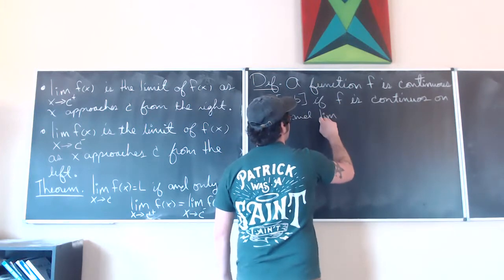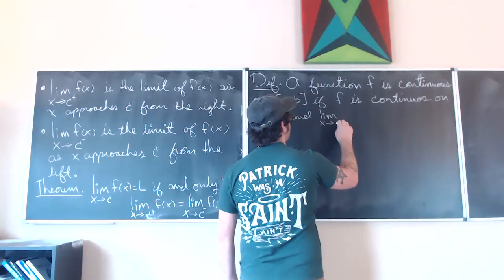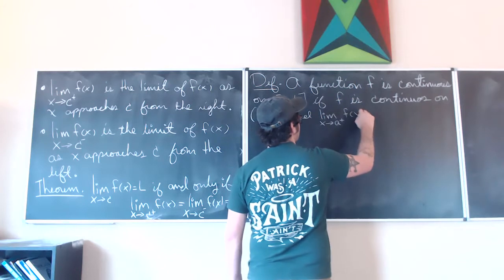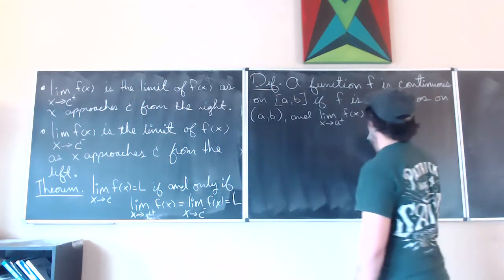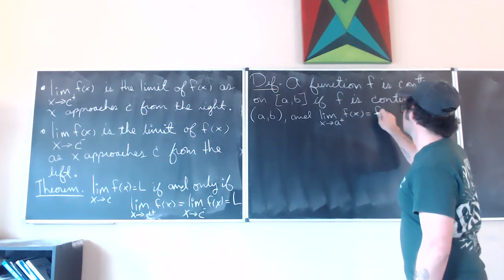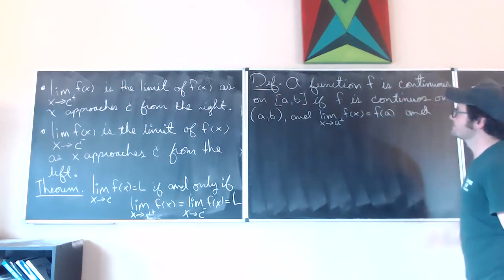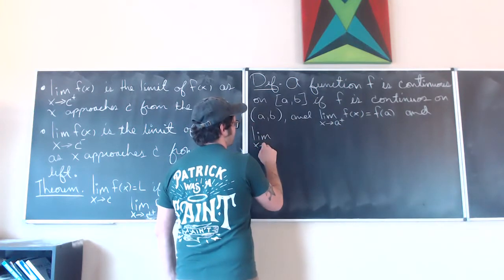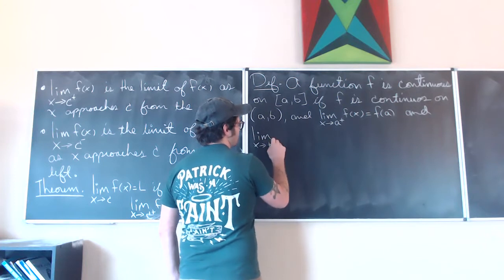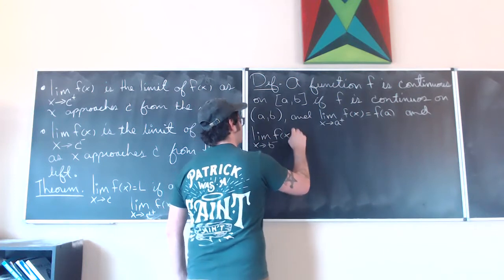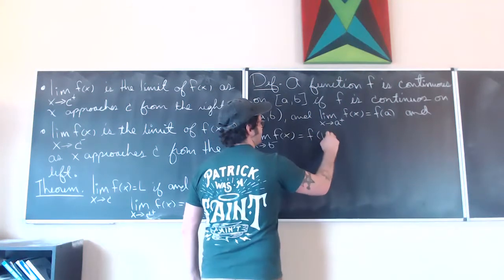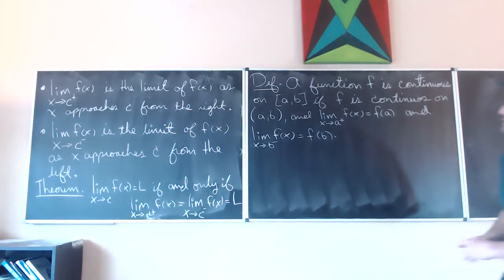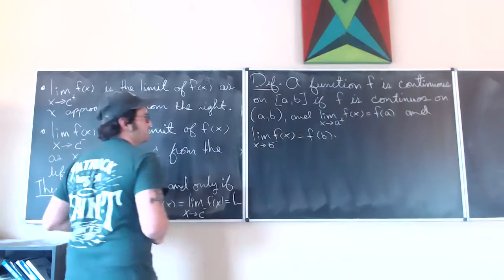the limit as x approaches a from the right-hand side of f equals f of a, and the limit as x approaches b from the left of f of x is equal to f of b. So this is continuity on a closed interval.